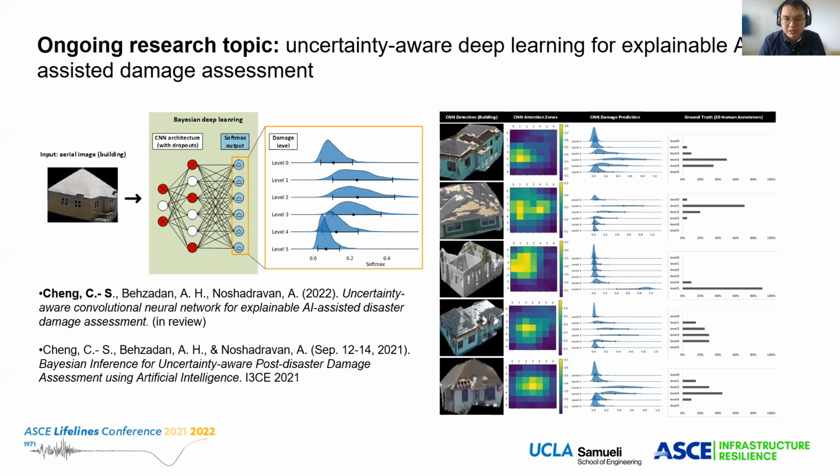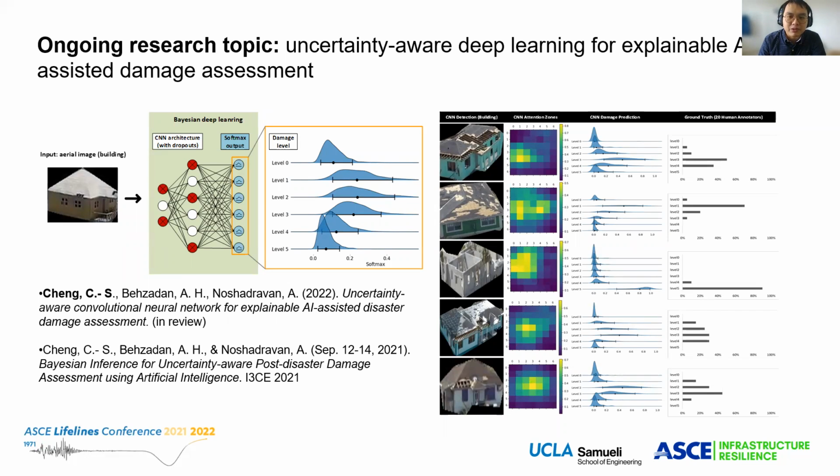After talking about the result of the generalizability of AI-based damage assessment, the next question is: can AI users be informed if the uncertainty of the model is very high when making the prediction? This uncertainty information can be very helpful for decision making.